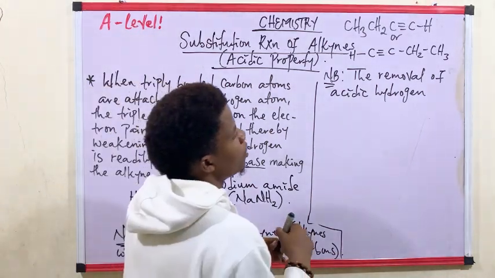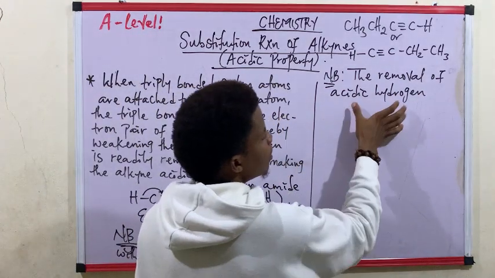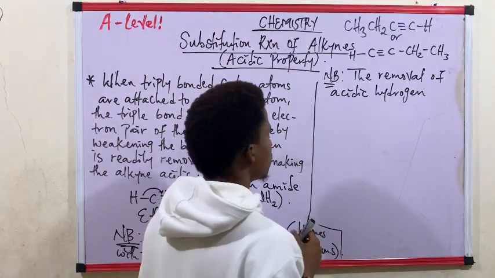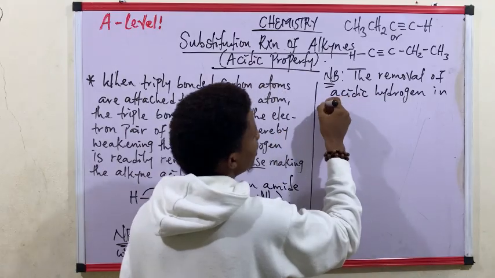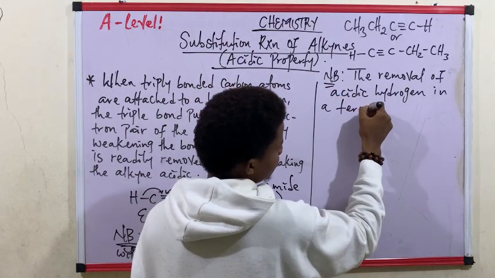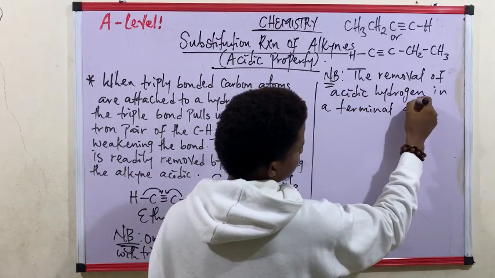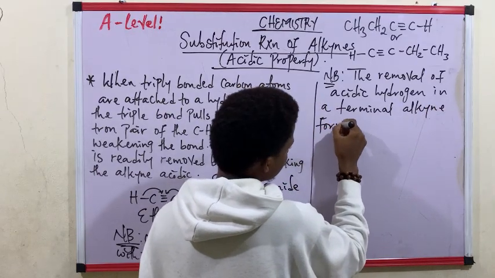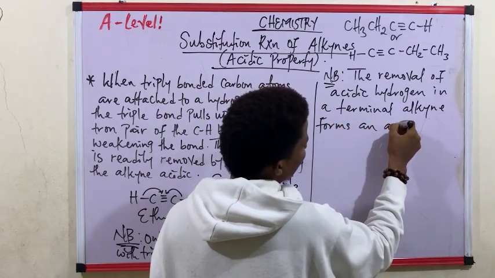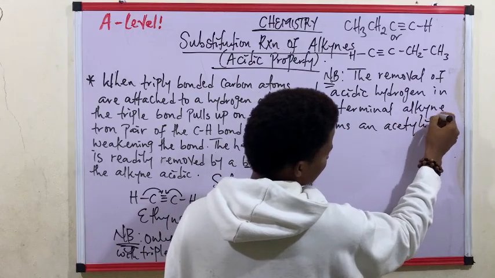Okay, so the removal of the acidic hydrogen in a terminal alkyne forms an acetylide.